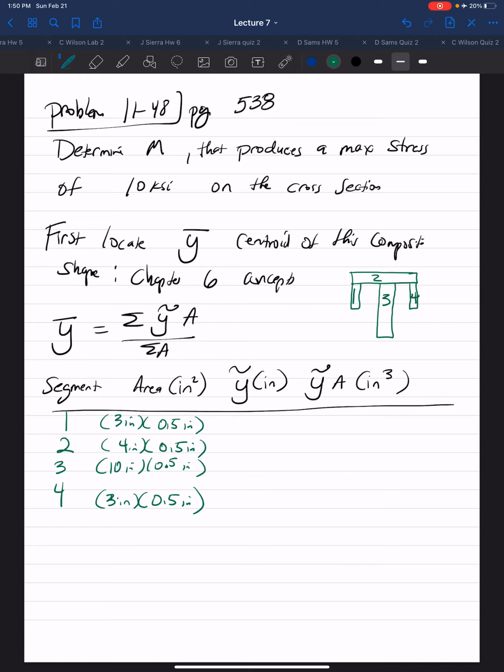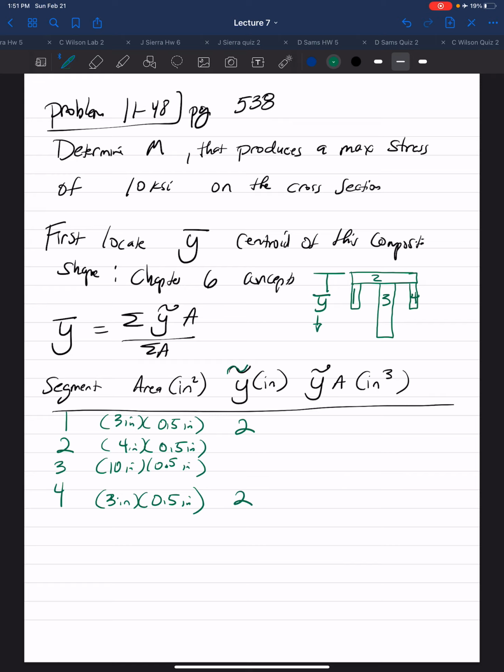The location of the centroid and our distance y bar is coming down this way. So for segment 1 and segment 4, they're the same. The location of our y wavy bar for the centroid of those individual shapes is a distance of 0.5 inches plus 1.5 inches. So that's 2 inches.